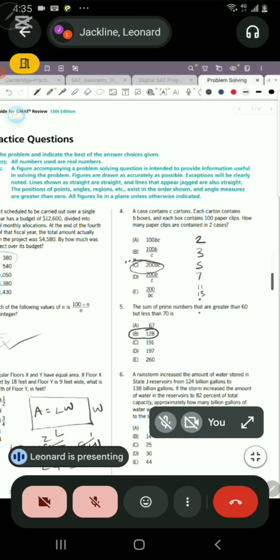Now, the part we can set up as proportion is that 12,600 is proportional to 12, then S is proportional to 4 months. Remember that we have solved this before, but we are setting it as proportion. So 12S equals 12,600 times 4.